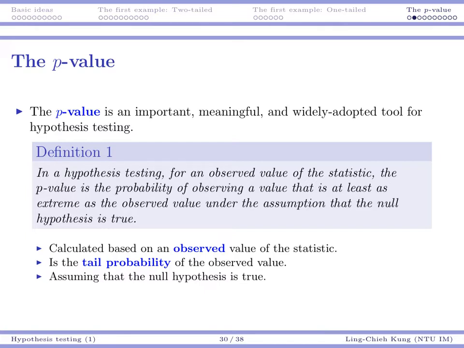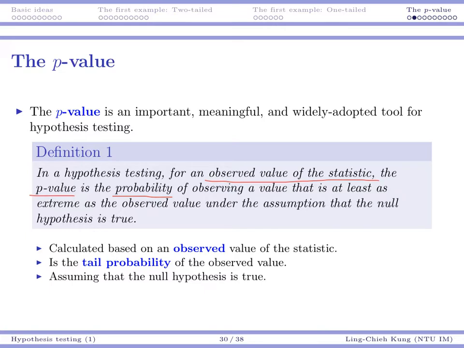So eventually, we know a few things. First, p-value is a probability. It is calculated based on an observed value of the statistics. And then it is a tail probability of the observed value.